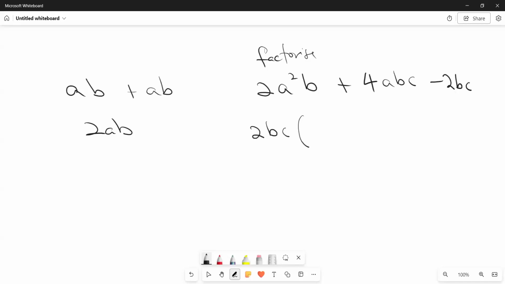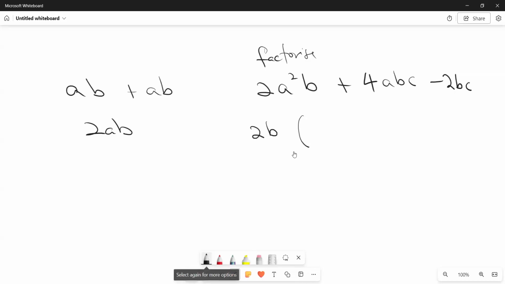So we bring out 2BC bracket. Sorry, there's no C on the first one. So C is not a common factor. It's only just 2B that is common, right? 2B.